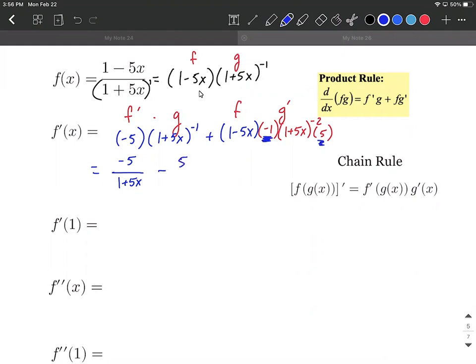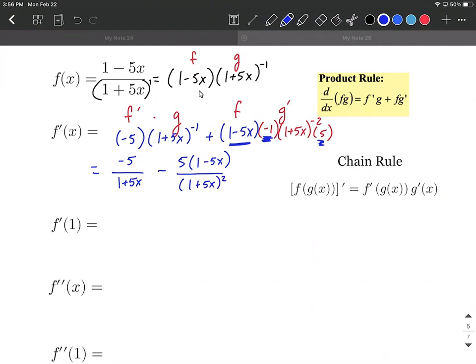I'm going to write that as minus 5. And then we already have a positive exponent here, so multiplied by (1 minus 5x). And in our denominator, we can get rid of our negative exponents and make this (1 plus 5x) raised to the second power.